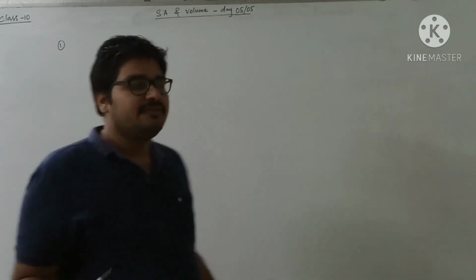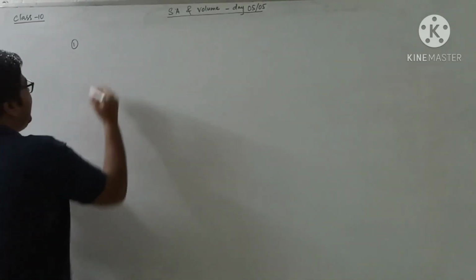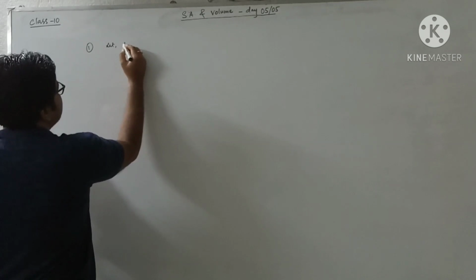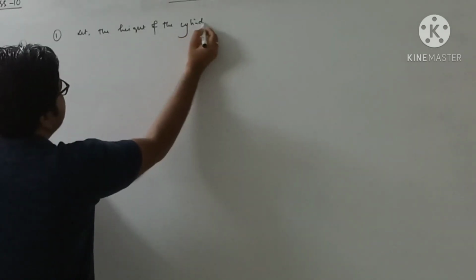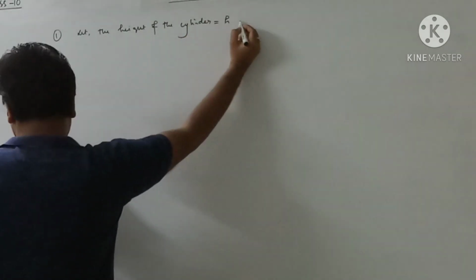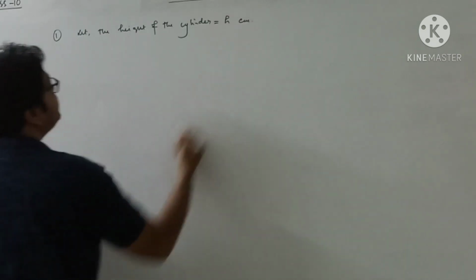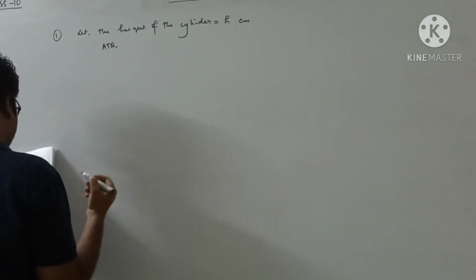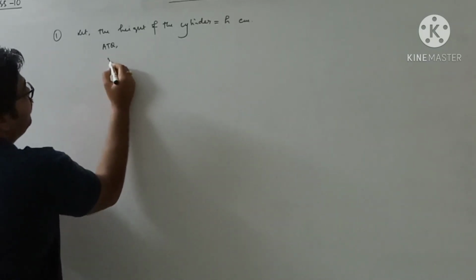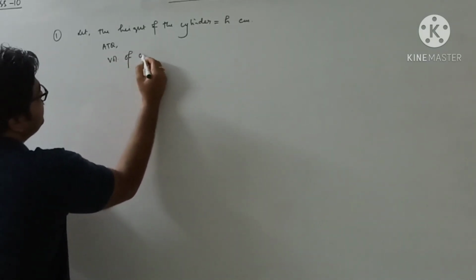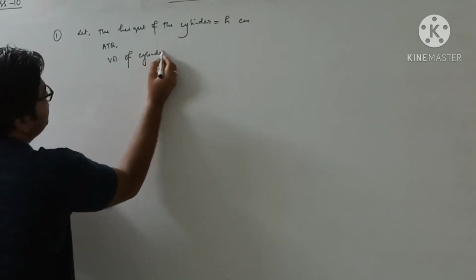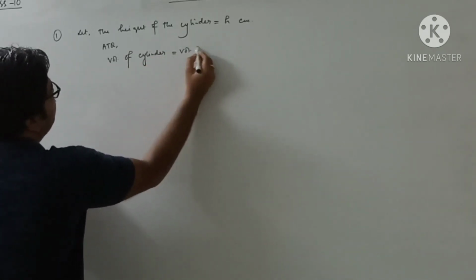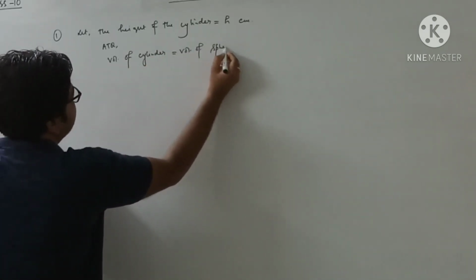Very easy. So first of all, let the height of the cylinder equal h, unit is centimeter. Now according to the question, volume of cylinder equal to volume of sphere.